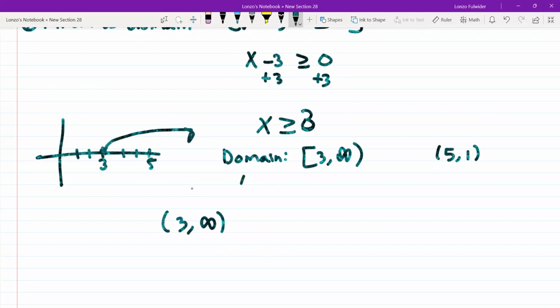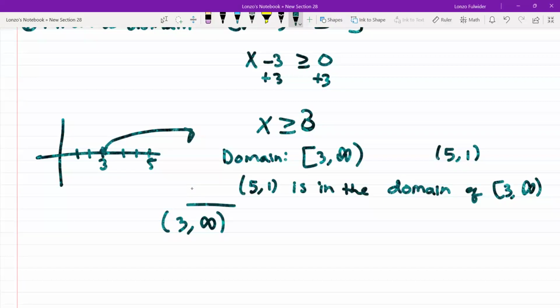So yeah, 5 comma 1 is in the domain of bracket 3 to infinity. So this would be the largest interval, parentheses 3 comma infinity parentheses.